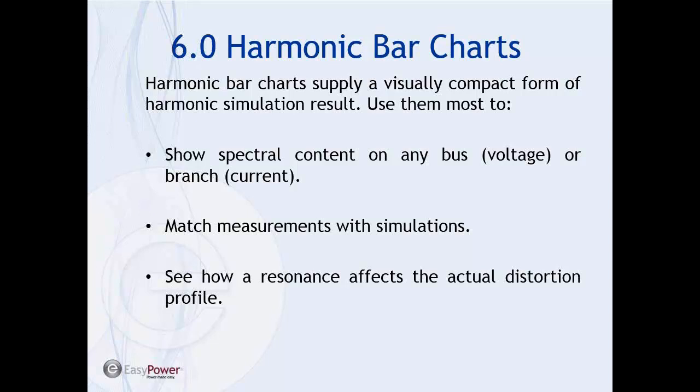That's a really interesting thing, because when you're out in the field collecting measurements and there's a resonance occurring, it doesn't have the nice resonance plot like you see when you're doing a driving point impedance plot. It kind of looks odd, because the harmonics are really going down from the source, and you have to look at it with that hat on to see, well, is there really a resonance there? They're a really visually compact form of harmonics simulation result. You can copy and paste them right into a report. I like to do that as well.